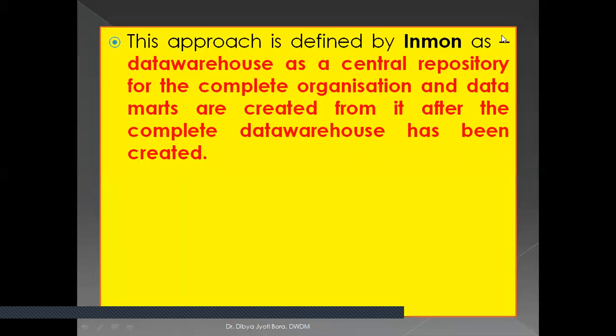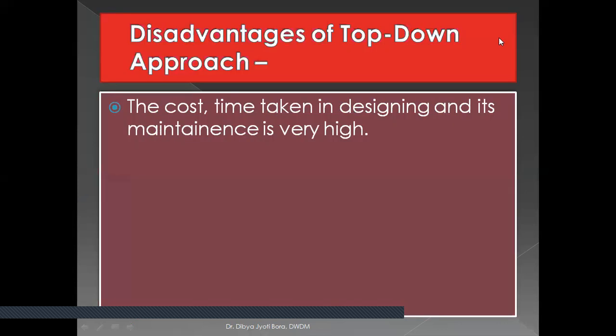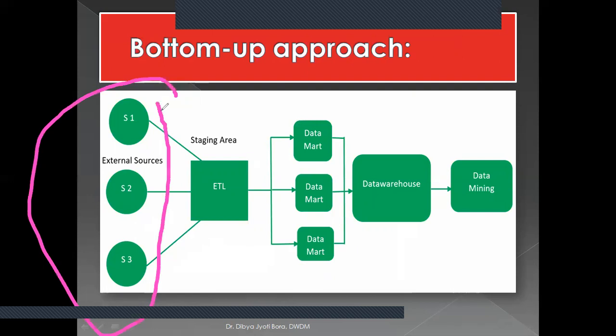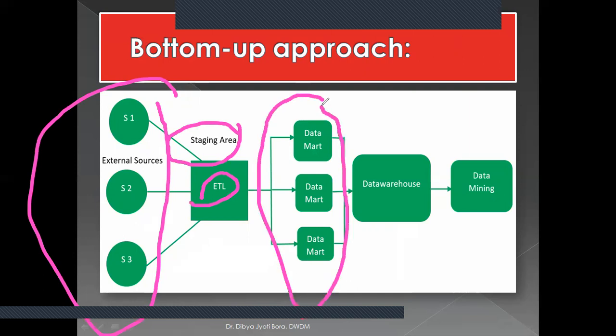Then we have seen the bottom-up approach. When you concentrate on the figure, you'll see that this part is the same: collecting the data from the external sources, landing them over the staging area, and the ETL process taking place.